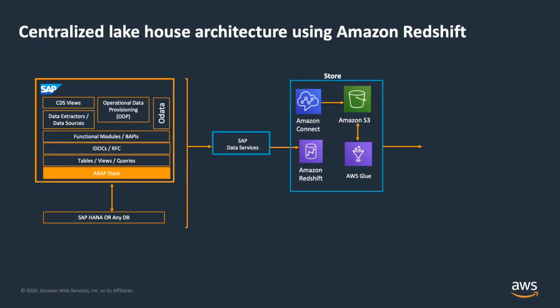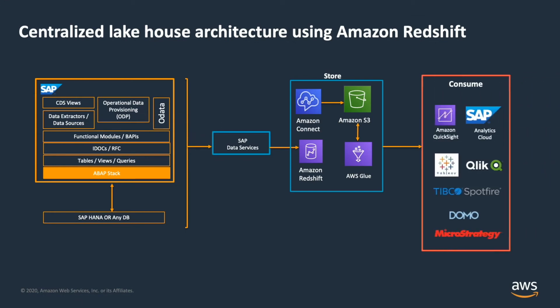We will now see how SAP Data Services and AWS services work together to consolidate a diverse set of data. In this architecture, we have used SAP Data Services to extract data from SAP to an Amazon Redshift table. We have also used AWS Glue to transform your Connect data sent to S3 as JSON format.